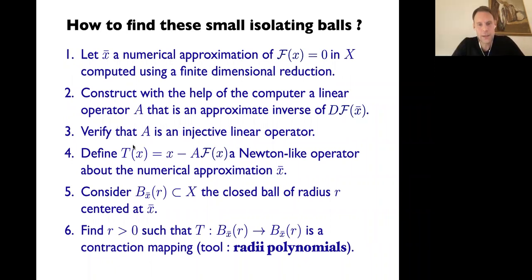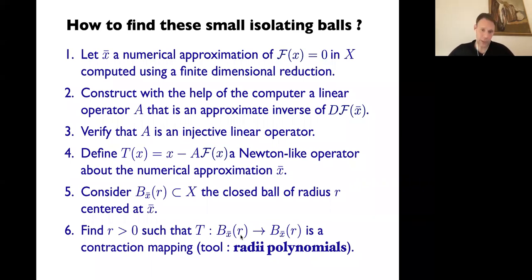And by the contraction mapping theorem, T has a unique fixed point in the ball, and therefore f has a unique zero in the same ball. And then we have our exact solution, which lies within a ball of some prescribed radius r, which again, we have to solve for.